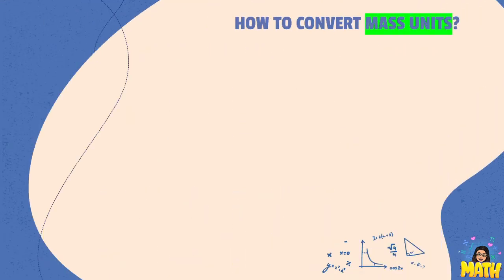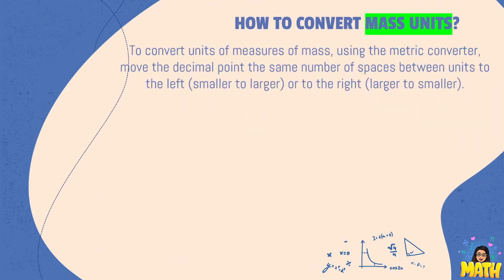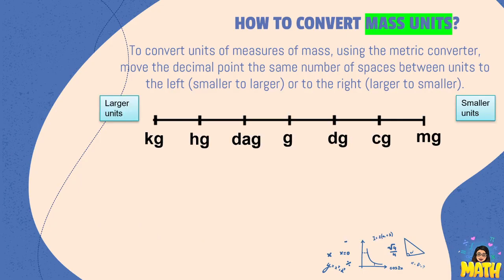So how do we convert mass units? To convert units of measures of mass, again using the metric converter, we simply move the decimal point the same number of spaces between units to the left if that is smaller to larger, or to the right if that is larger to smaller. Almost nothing changed compared to our very first metric converter. The only difference that you can see is the letter G for grams.